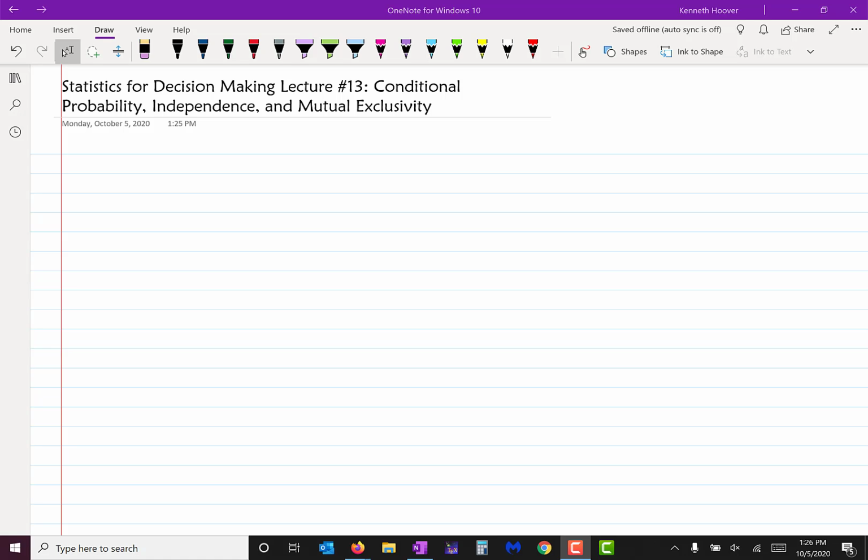Okay, we're going to do a few more definitions and then start doing some problems together. Here are the definitions we still need.